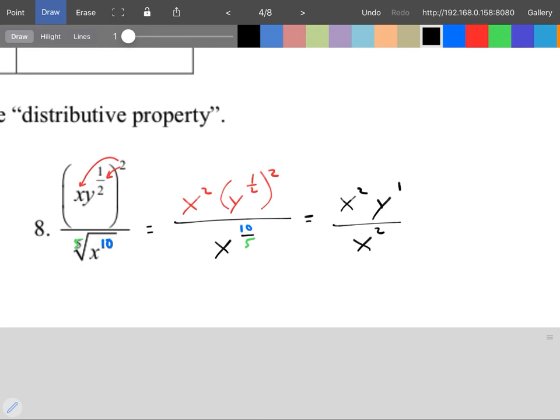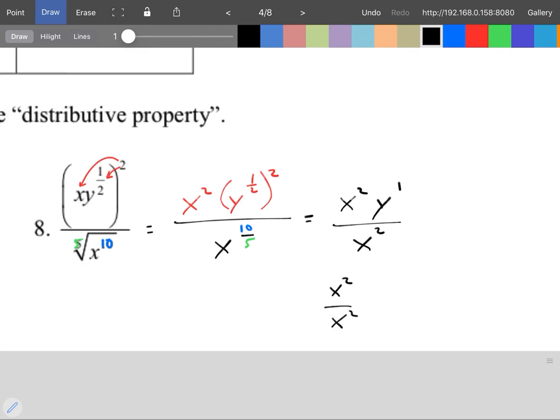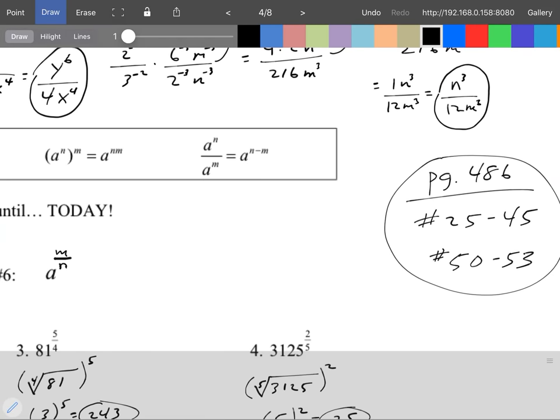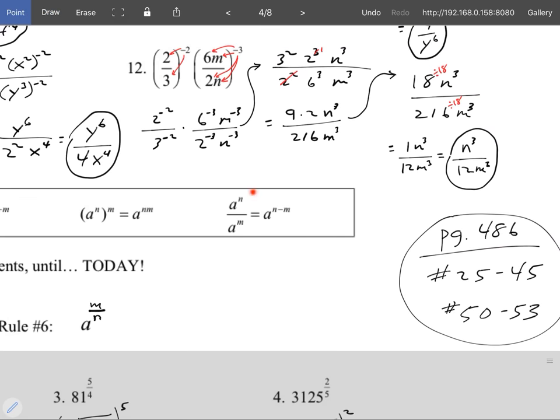Now notice here, we have x squared divided by x squared, right? Well, one thing we could do is apply the exponent rule that we learned on Friday before break. So if you go back up, that is right here. That's this one.